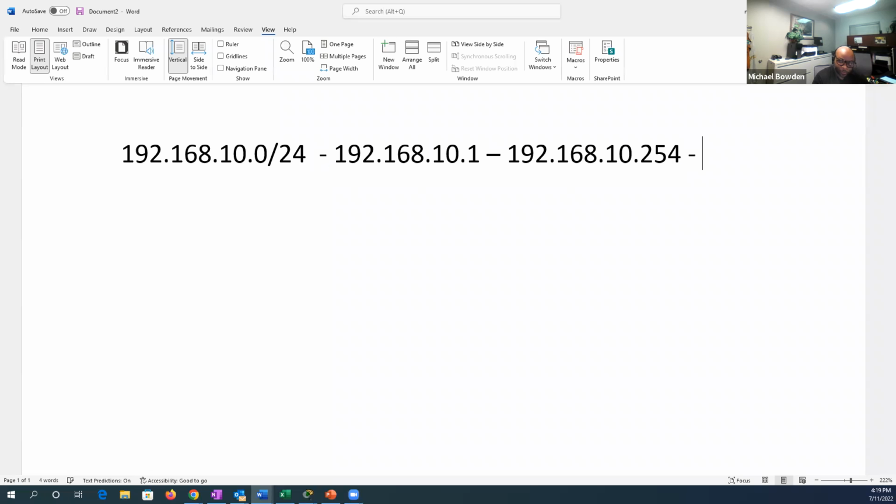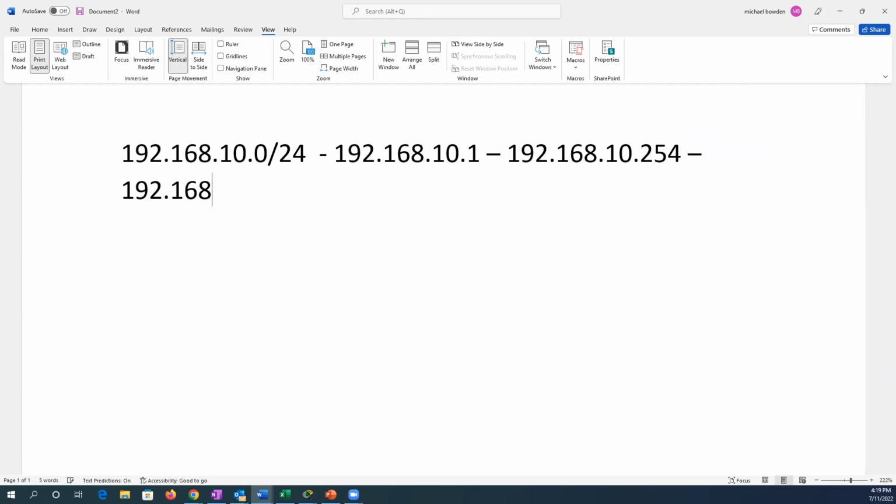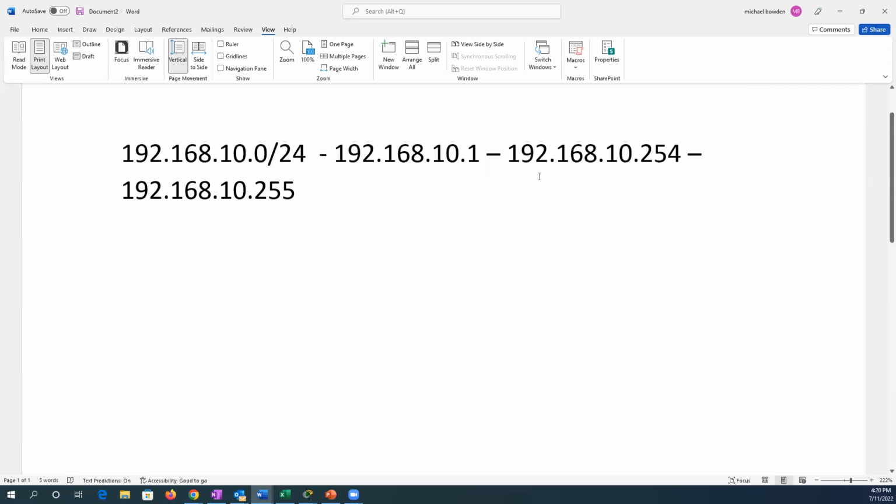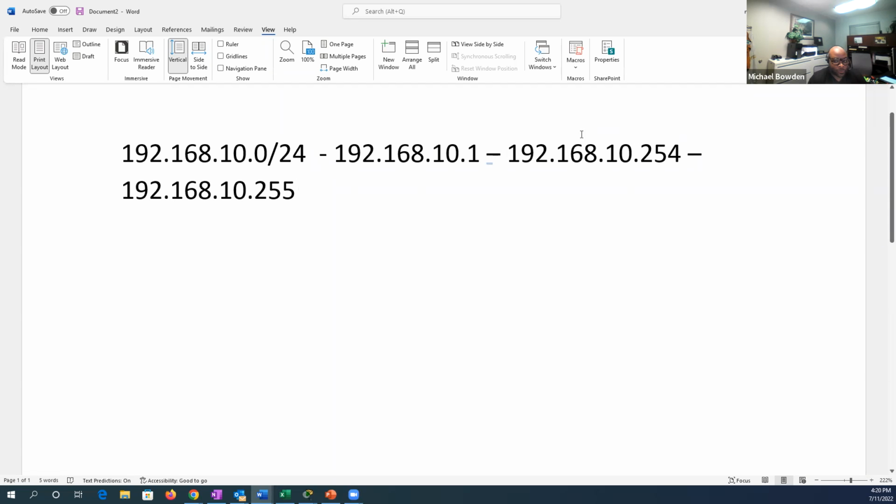And then we have this one special egg, that will be the broadcast. Technically, we can pick any address in this range, and if we assign it to our router interface, connect the switch, and then connect the PC to that interface, whatever address we chose from here is going to be our default gateway.